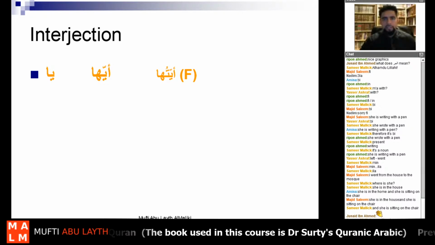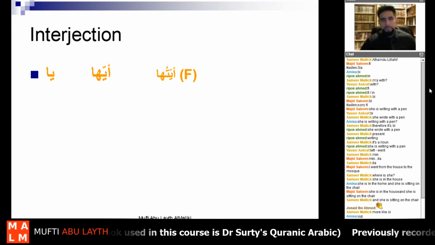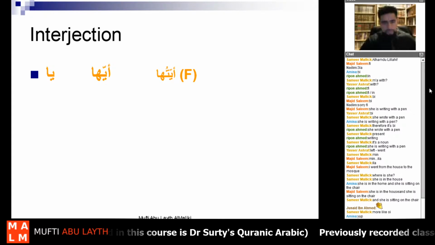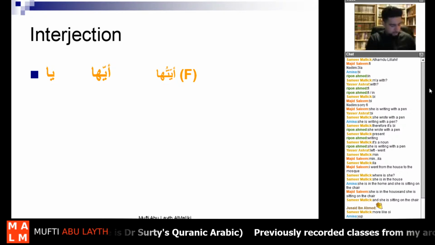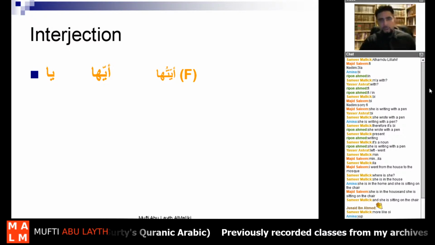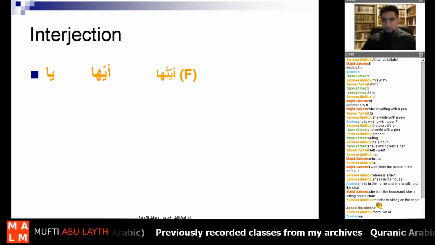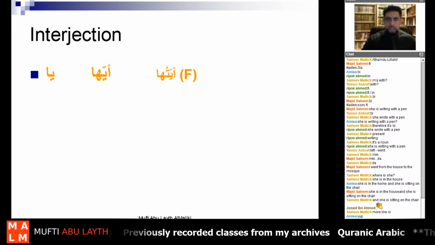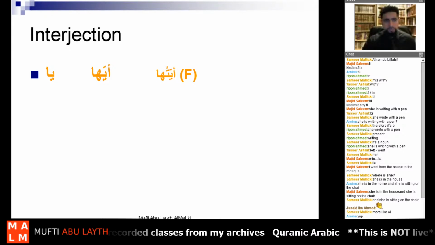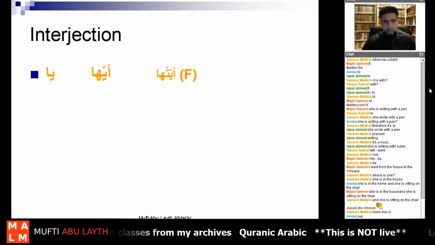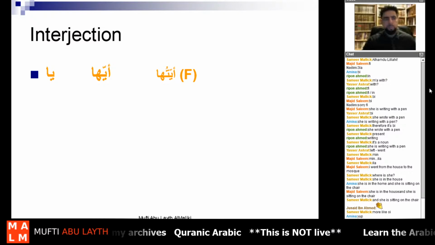Right, okay, next. A very simple thing. I'm saying simple, it's compound interrogatives. And with this, we kind of finish the lesson. If I just very briefly explain what this is: this is where we've got an interrogative, a question word like who or what, and we combine it with a preposition. So you'll see a word like li, which means for, and man, which is a question word, which means who.